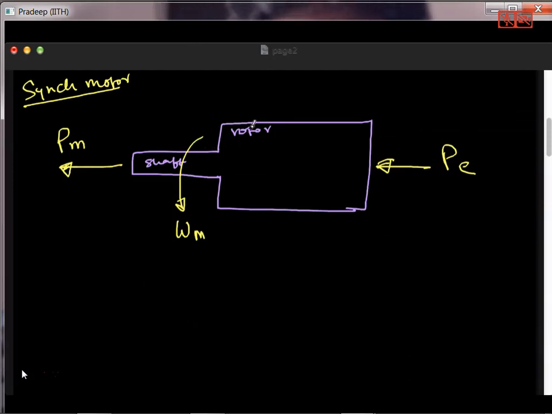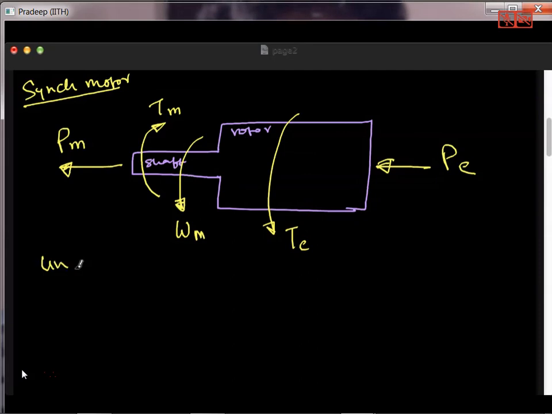The electrical torque will be in the same direction as the rotation, because electrical torque is what is trying to rotate the machine in this direction. Whereas the mechanical load torque, Tm, will be in the opposite direction. Now when Tm and Te are both equal, the opposing torques cancel out, and therefore whatever speed omega m is, that speed is maintained.